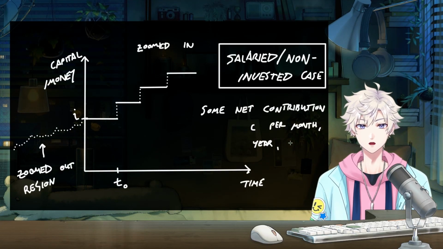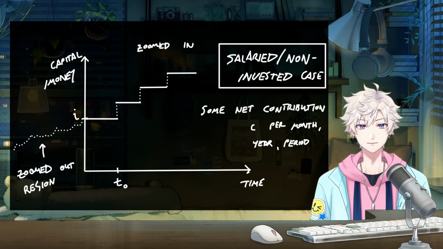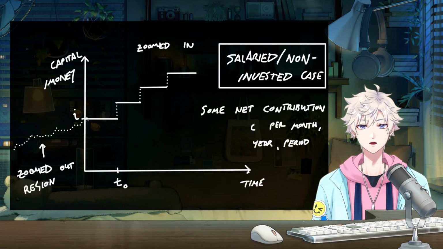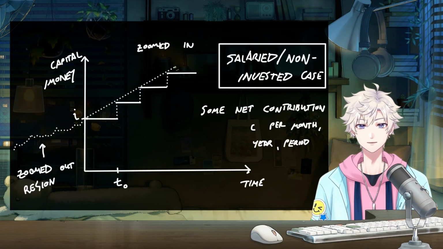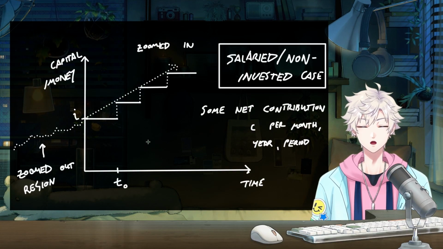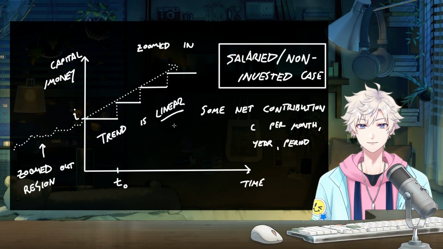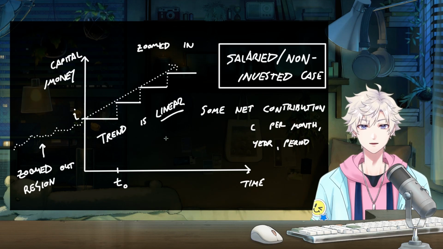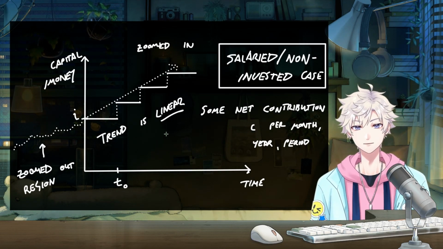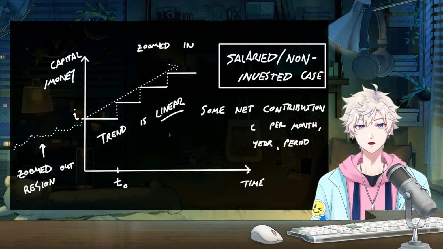Let's call that contribution C. The important thing is that as we look at each one of these periods, the trend of where the money is going is a line. It makes this linear trend. If there's a net contribution C per month, we get this dotted line. The money that is coming in is growing in a line.